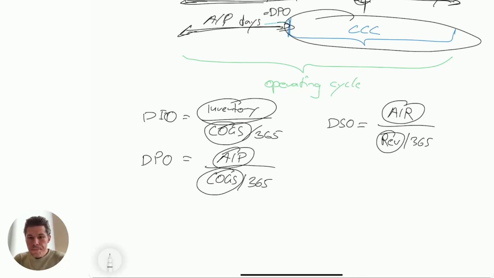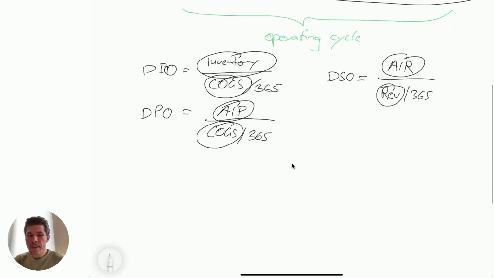In general, different companies have different profiles. From a pure operational financial perspective, we aim for a small cash conversion cycle. There are industries like airlines that even have a negative cash conversion cycle, because when you purchase a ticket, you pay before.